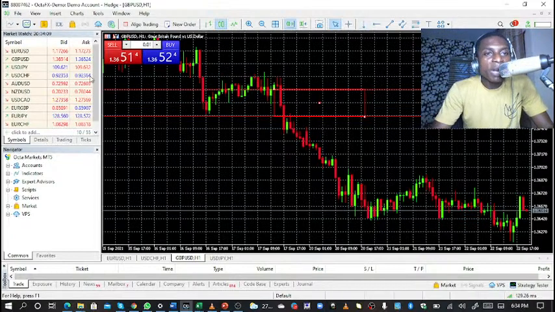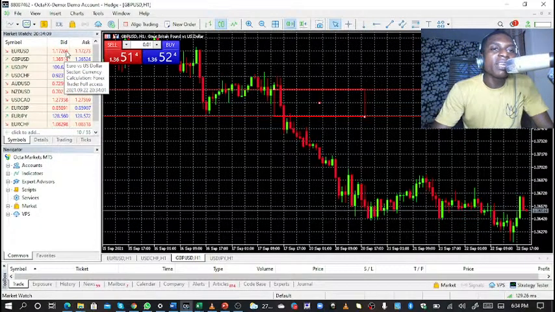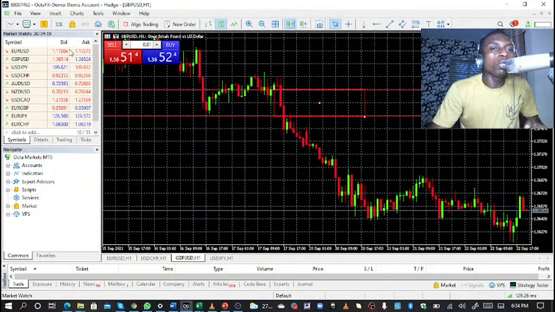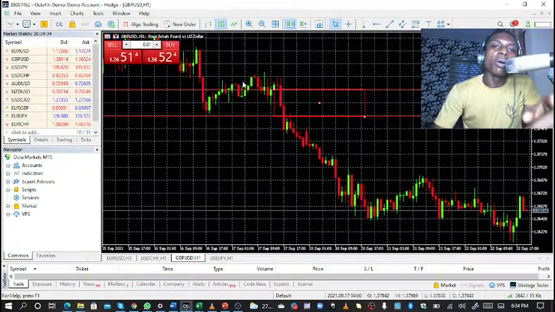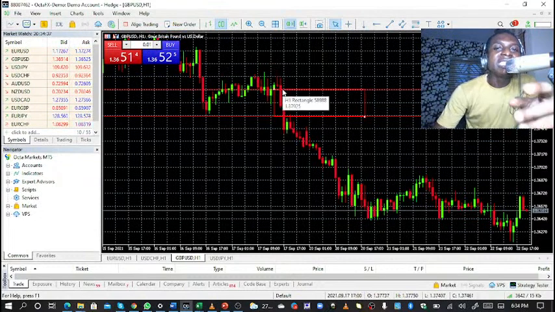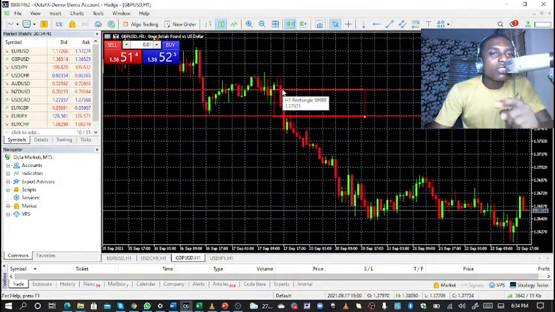Now the spread is the difference between the ask price and the bid price. Spread is what you are being charged for taking a trade, and it is just the difference between the ask price and the bid price. But a pip is the difference between price movements, the price change.